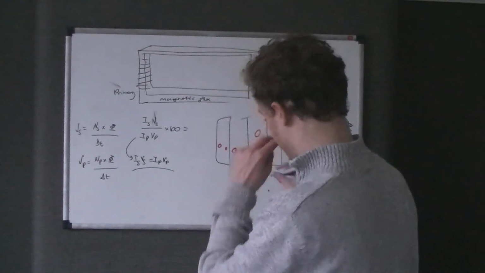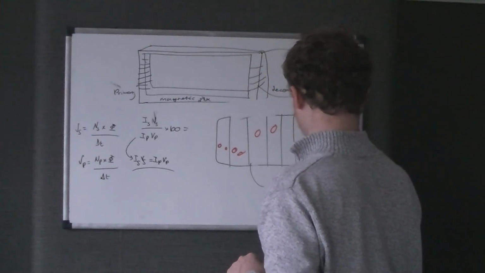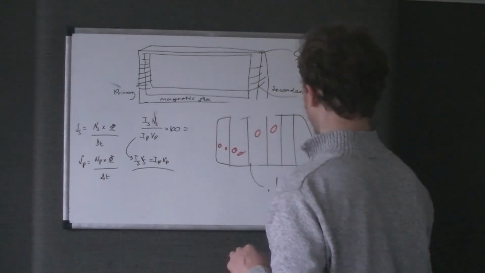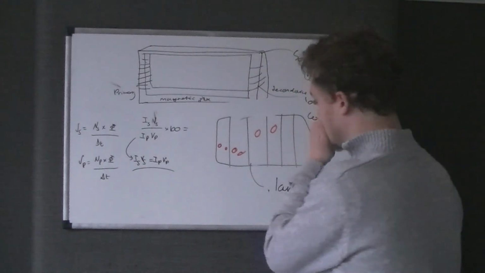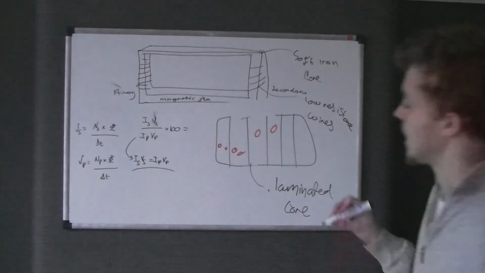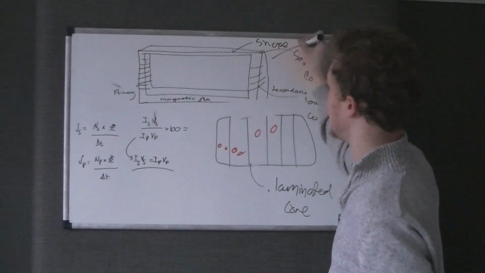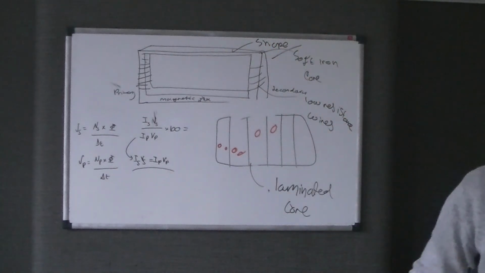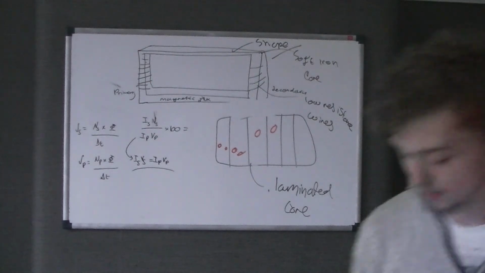We also mentioned the laminated core, which is what I was trying to show here, but very poorly, as you can tell. And then we mentioned the shape, which I can't really focus on much. It's more the other ones. So you can see how that relates to electromagnetic induction.